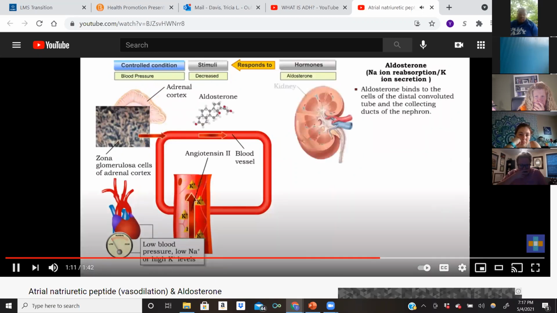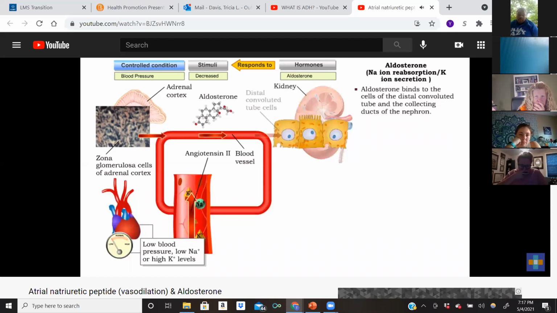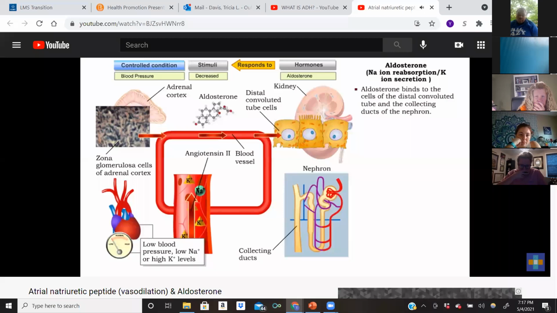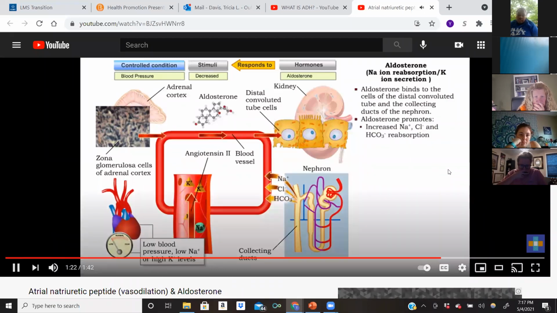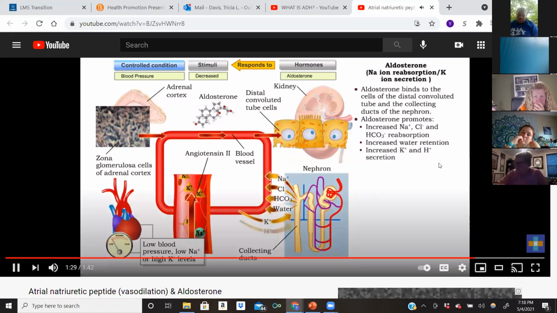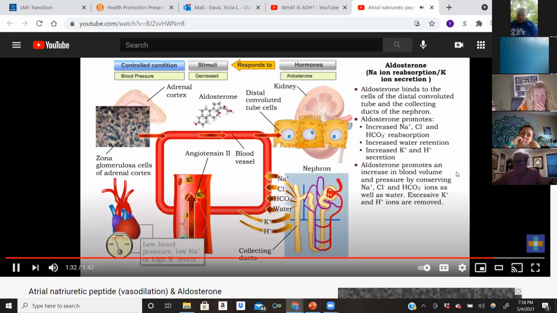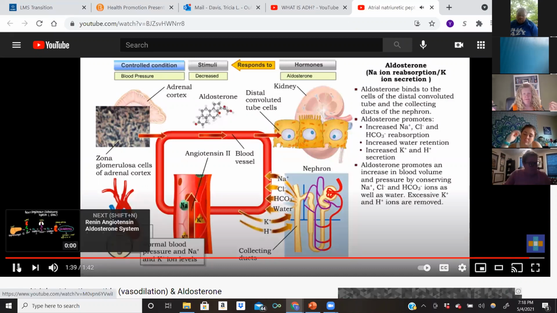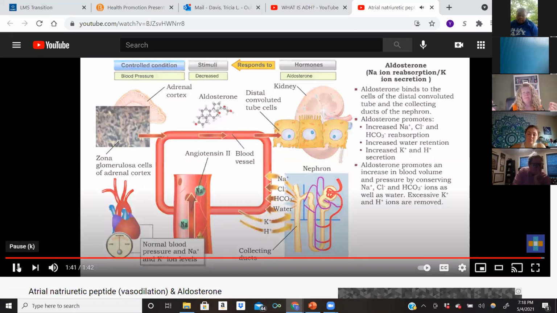Aldosterone binds to the principal cells of the collecting ducts of the nephron, where it promotes increased sodium, chlorine, and hydrogen carbonate reabsorption from urine, increased water retention and reabsorption back into the bloodstream, and increased potassium and hydrogen secretion. The conservation of sodium, chlorine, and hydrogen carbonate ions, as well as water, and the elimination of excessive potassium and hydrogen ions, results in an increase in blood volume and pressure.